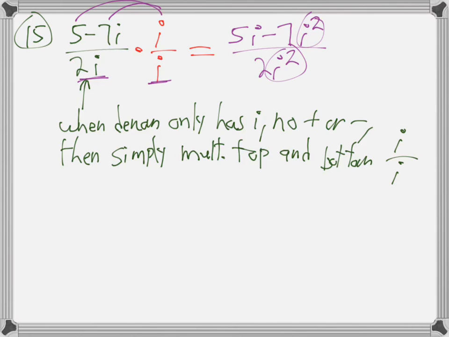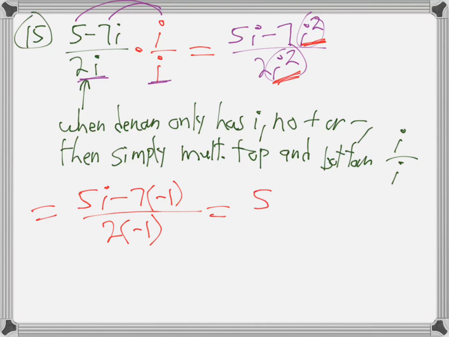We leave plain i, but we never leave i squared. So that's going to become 5i minus 7 times -1 over 2 times -1, right? Both those i squareds become -1, and that's 5i plus 7 over negative 2.